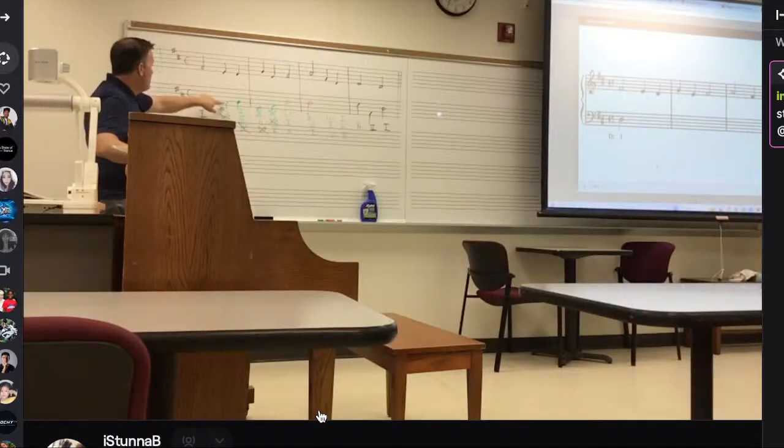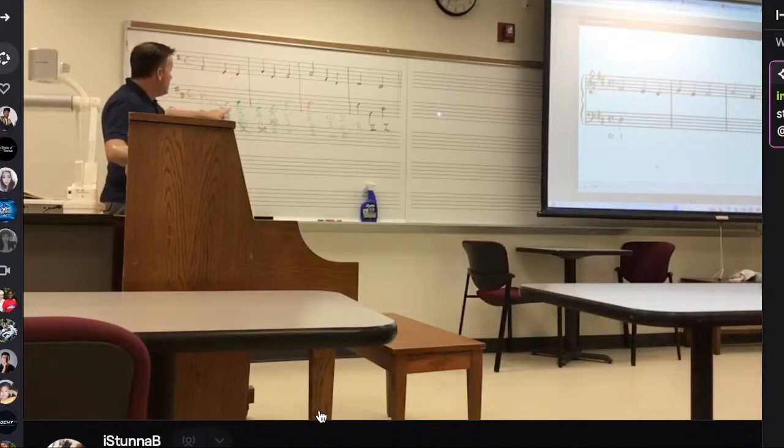D down to A, F sharp down to E in the soprano. They move into a perfect fifth. Wait, no, the soprano is moving by step. That one's out, good. Stepwise in the bass, stepwise down in the soprano, looking good.